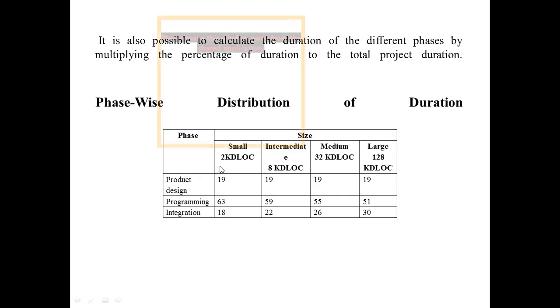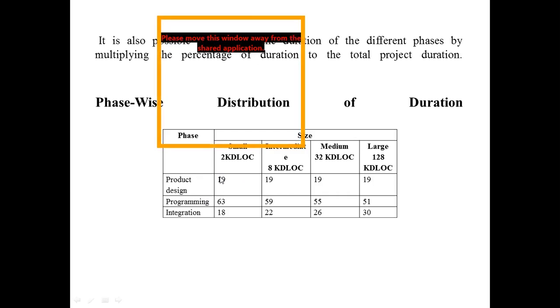If the size is suppose 1.99, then we will choose the values from this column only: 19, 63, 18. How will we calculate the values of phase wise distribution of duration?